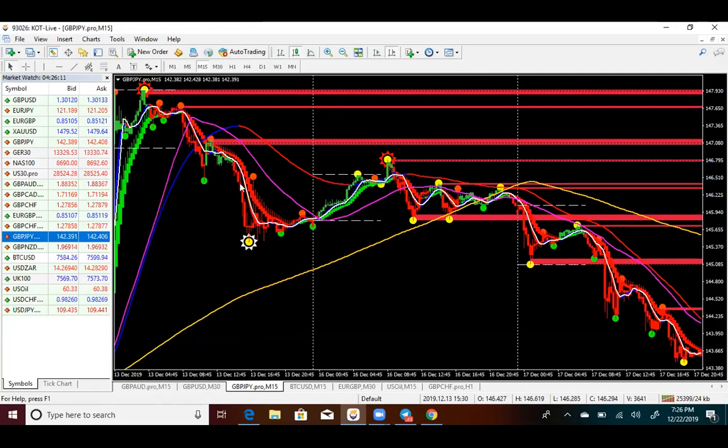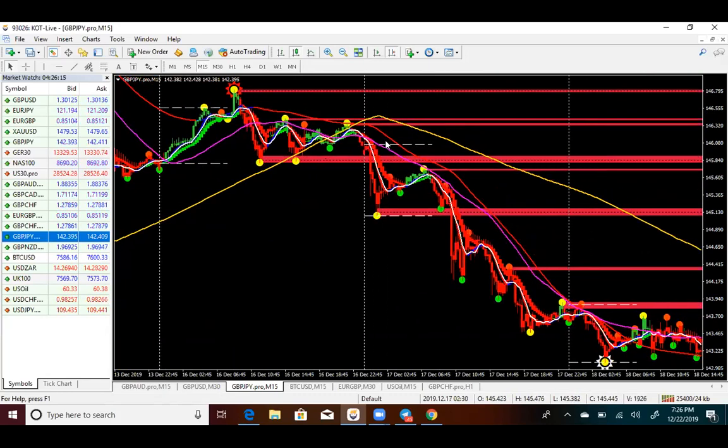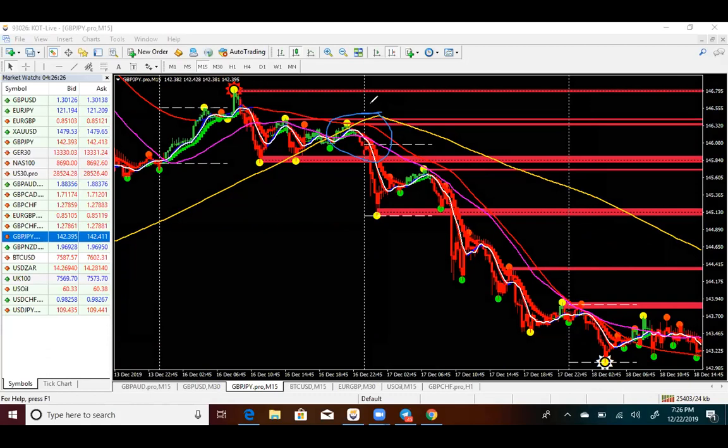The purple is the 40 and the white is the 8. When they cross, when the purple is on the outside of the white and is above our candlesticks, we know we're looking for sales. So when it crosses above, for instance here, we know that's an entry point for a sale. That's when we start looking for our sales because those are strong moves down.